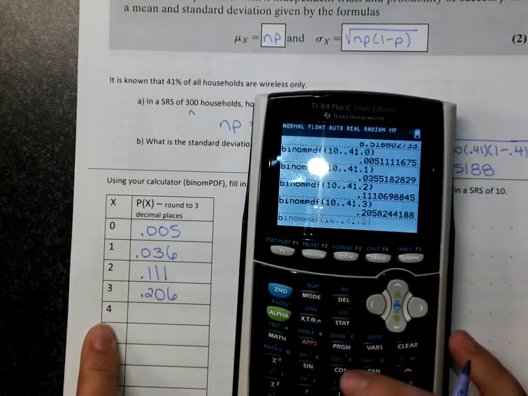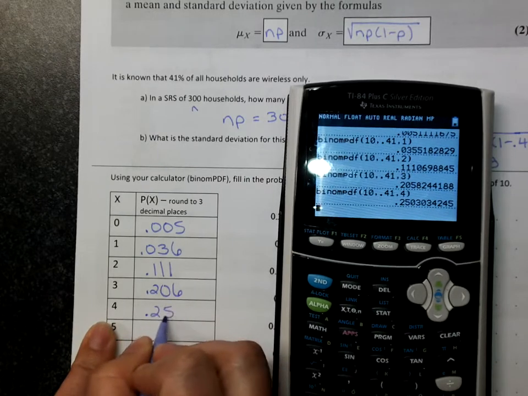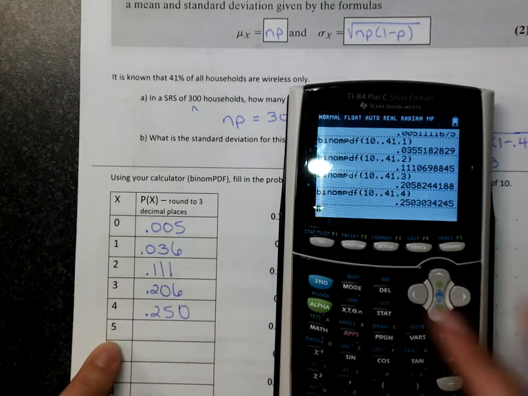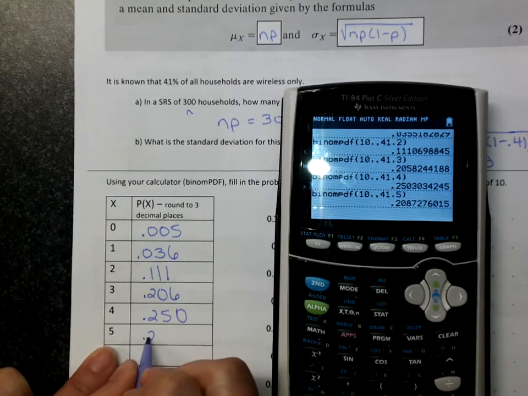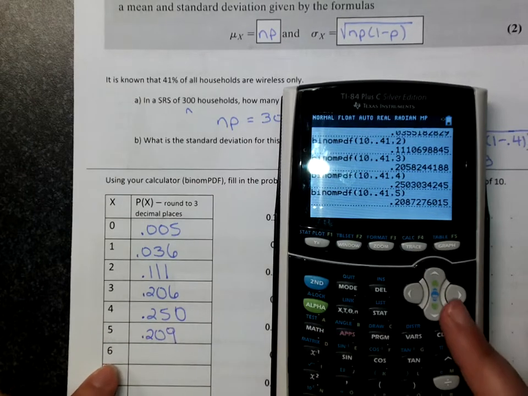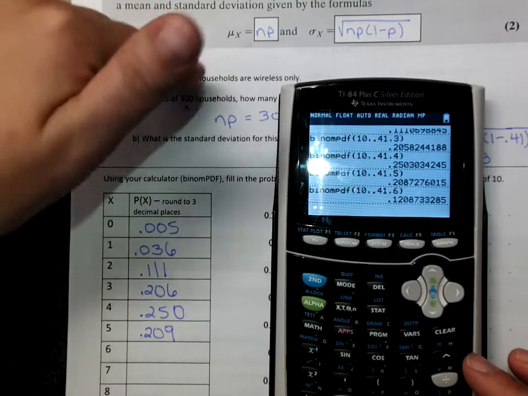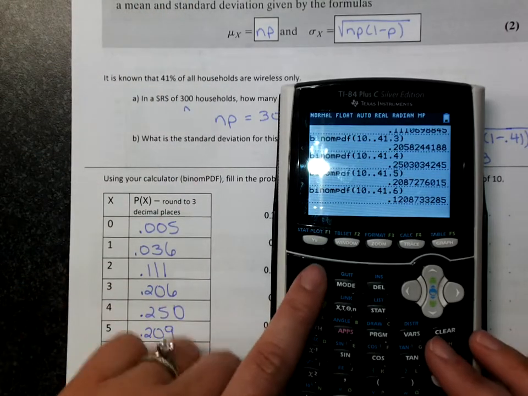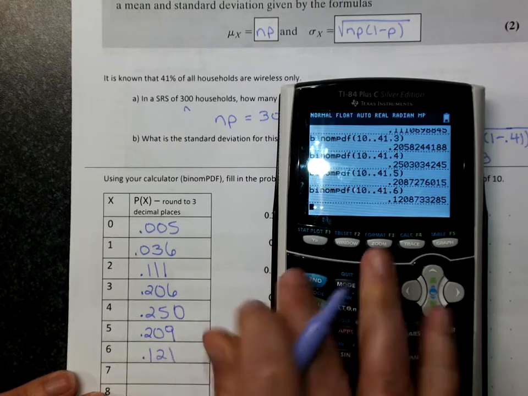So we're going to change that 3 to a 4, 0.250, change the 4 to a 5, 0.209, change the 5 to a 6. And we're going to put mean and standard deviation together with what we're doing right now. I know that kind of seemed like it jumped, but it'll all come back together here in just a second.